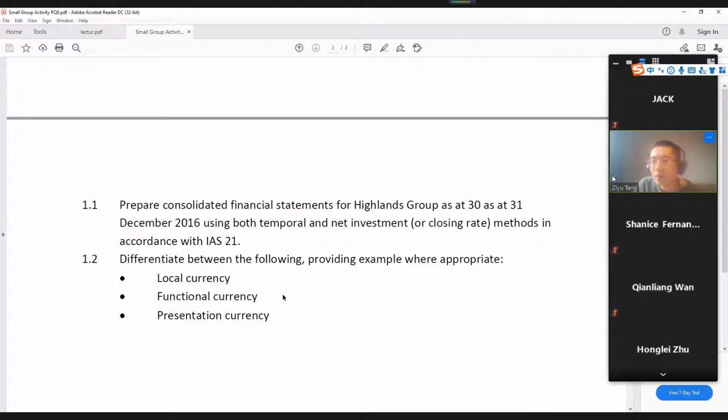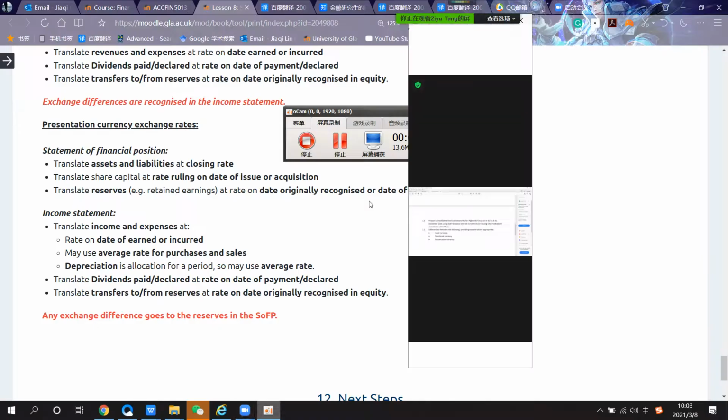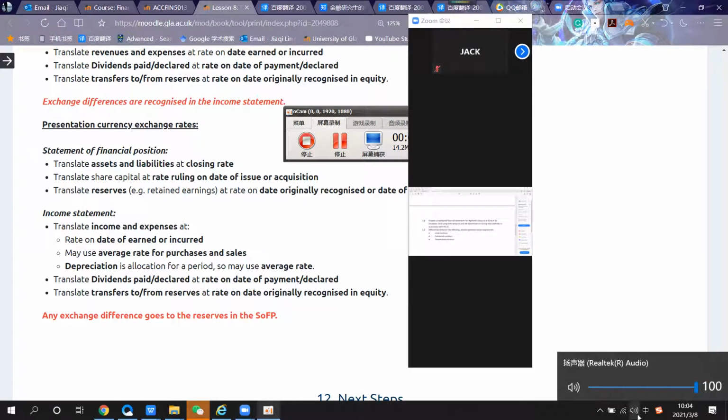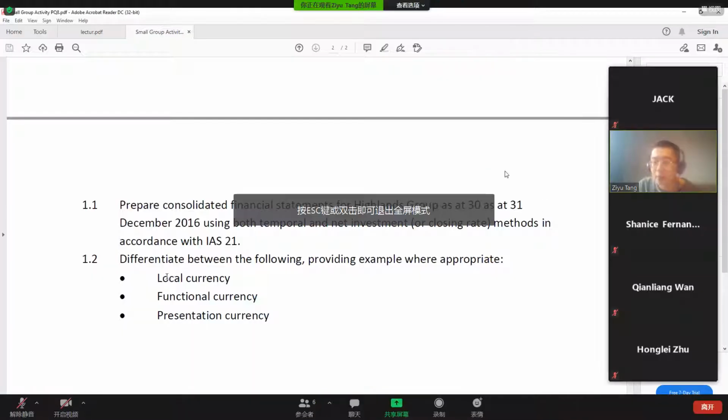You have a detailed example in your lecture, so we don't discuss that. The local currency is usually just the currency of the country where the firm is based. Why has it been noted that it is usually the currency of the country where the firm is based?